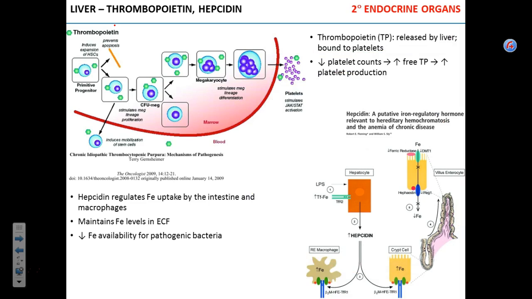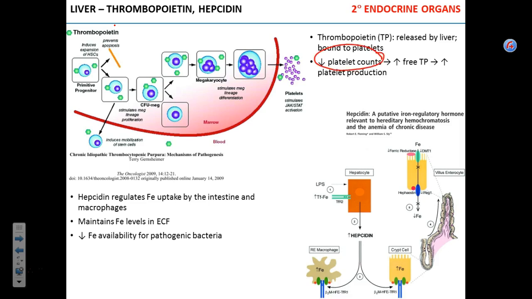Liver also produces thrombopoietin, okay, which is pretty interesting. Think about this. Thrombopoietin is bound to platelets normally. When a patient develops low platelet counts, newly synthesized thrombopoietin in the blood cannot bind to anything. Does that make sense?